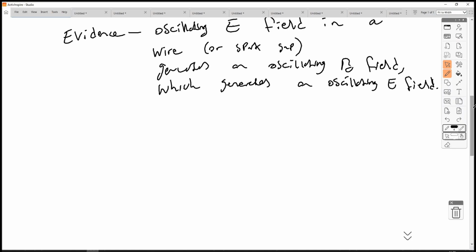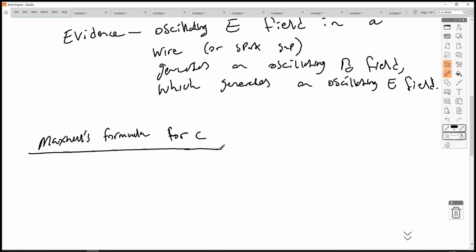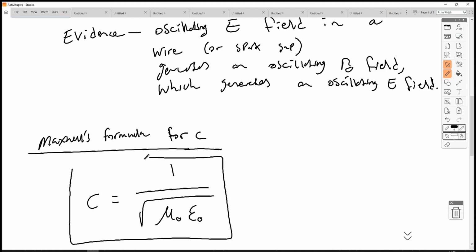And Maxwell's formula for the speed of light is given by c equals 1 over the square root of mu naught epsilon naught. Now, epsilon naught, you guys already know, is the permittivity of free space.